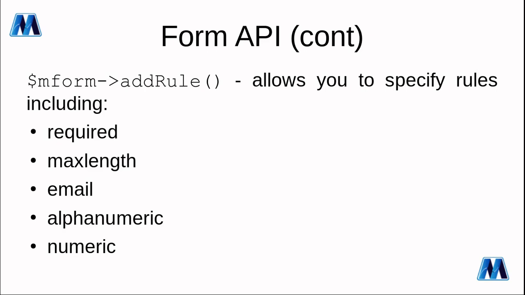Then we carry on with another method, the add rule, which allows you to specify rules for the field. So you would specify things like required, that would make the field required, needing a value input. Max length, email if it's only an email field, alphanumeric and numeric.